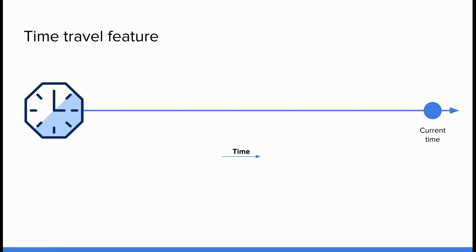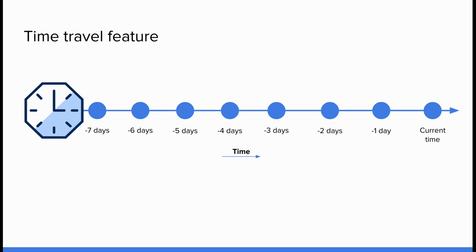On that topic, let's talk about the time travel feature in BigQuery, something that's really quite amazing and super convenient. On the screen, we have a timeline where the left is in the past and the rightmost part of the timeline is the present time. What time travel does in BigQuery is it keeps a version of your table going back 7 days.